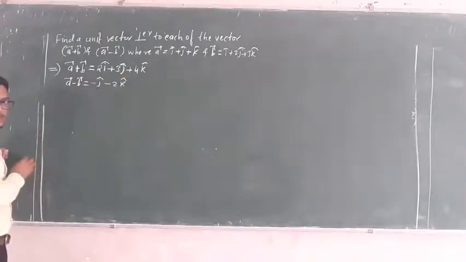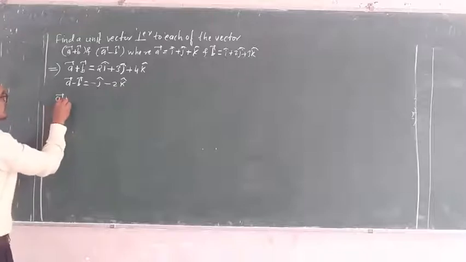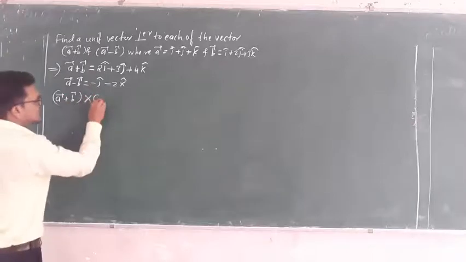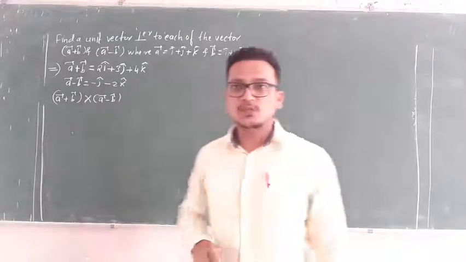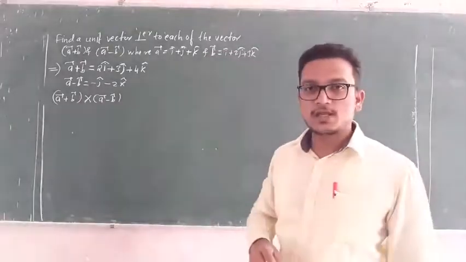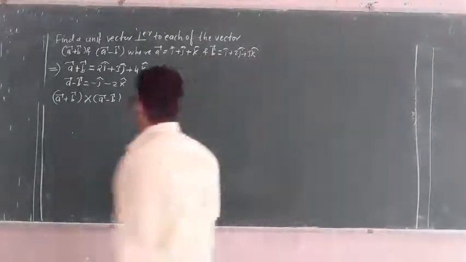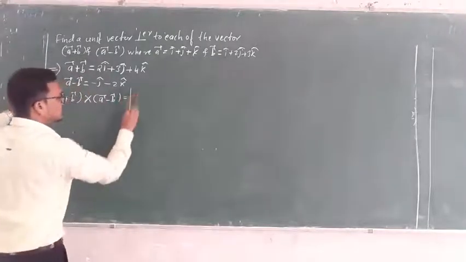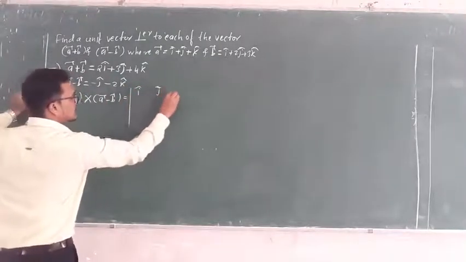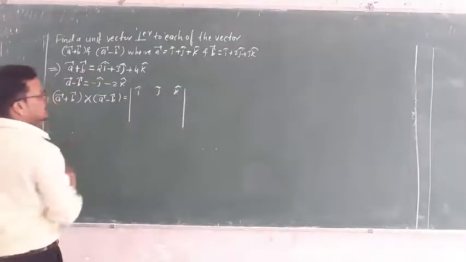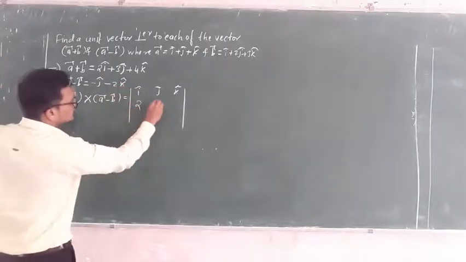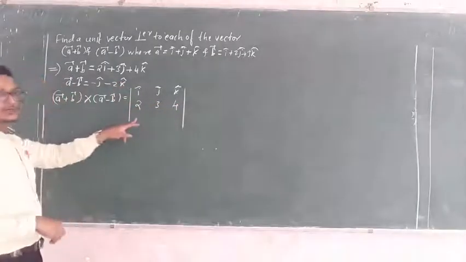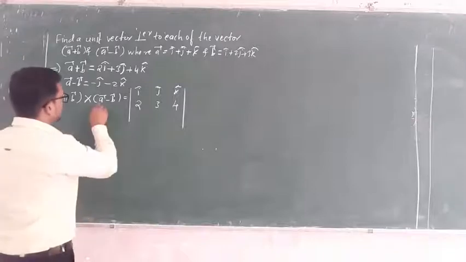Once you find a plus b and a minus b, next we have to find the cross product of a plus b and a minus b. And you know the formula for the cross product: the determinant of i, j, k. The second row is the components of a plus b, that is 2, 3, 4. The third row is the components of a minus b.